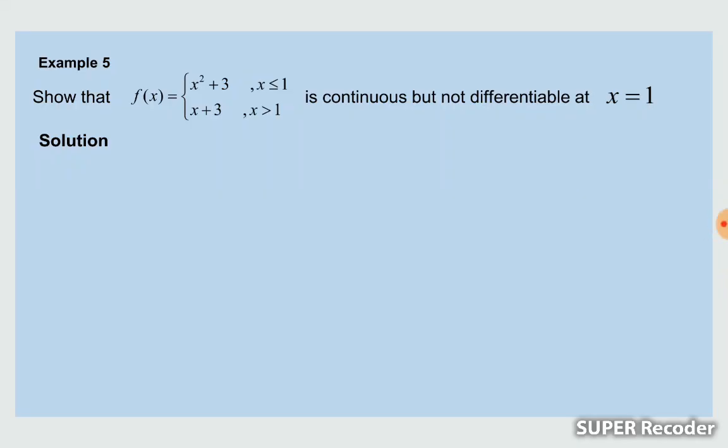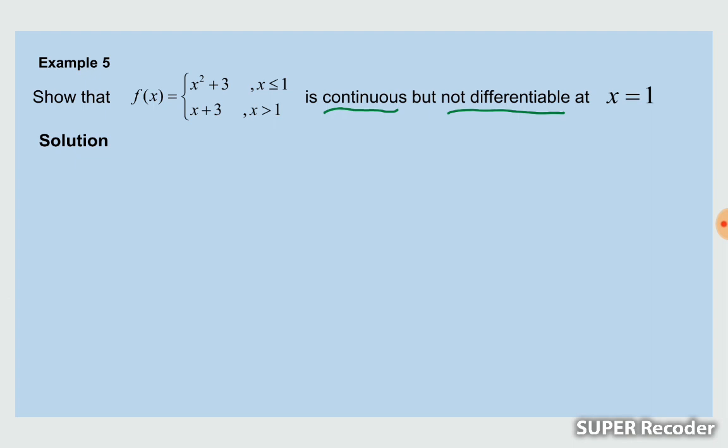Example 5. Show that f(x) equals x squared plus 3 for x less than or equal to 1, and x plus 3 for x more than 1, is continuous but not differentiable at x equals 1. So we have two parts here. The first part is to show that f(x) is continuous at the point x equals 1.